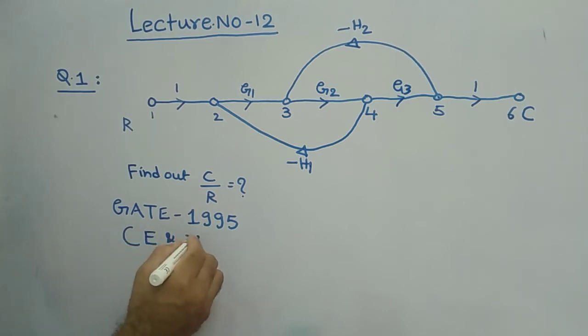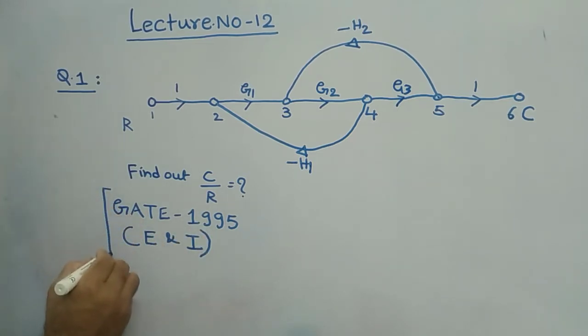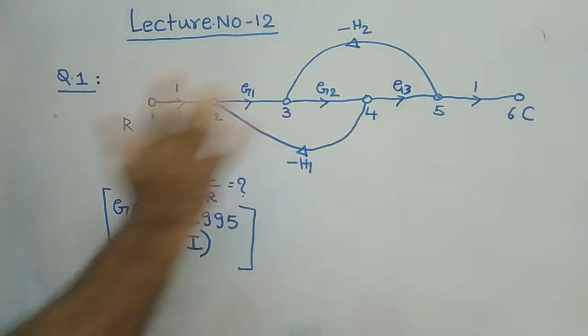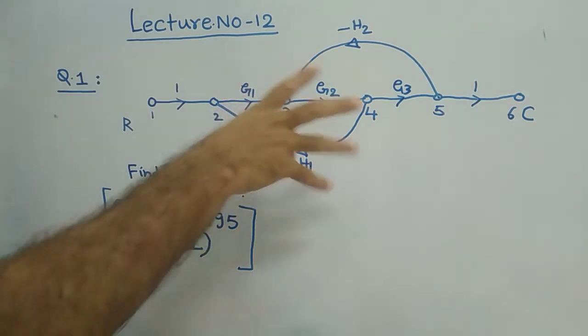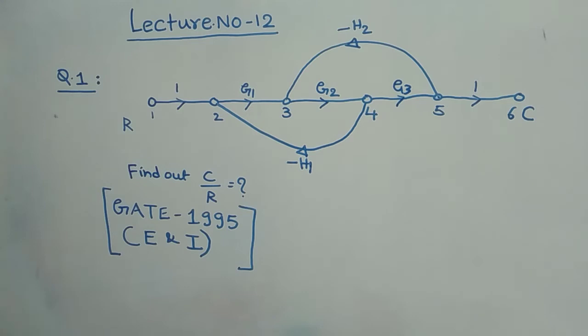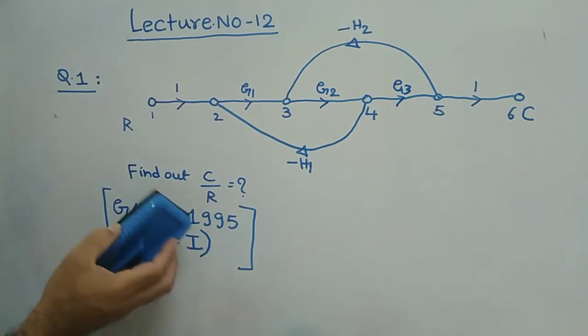Basically it is asked for E and I, the electronic and instrumentation branch. This is the given problem. For this, you are asked to find out C of S by R of S. Okay, so directly I will go for the solution. Let us see the solution.